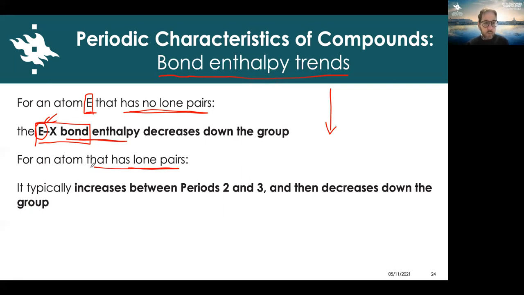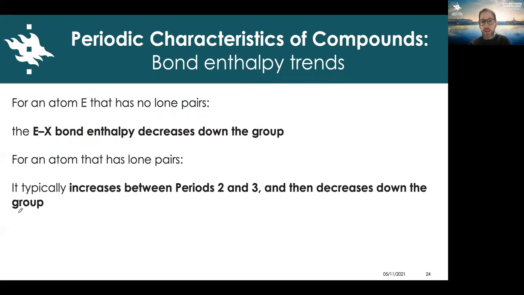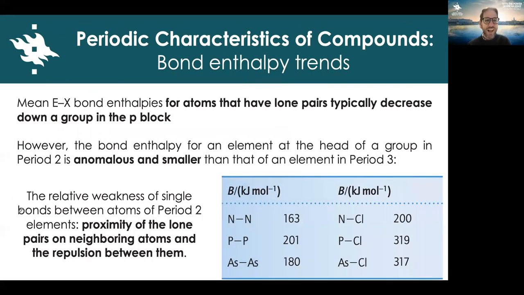However, when we have an atom that has lone pairs, so if E has a lone pair of electrons, then this bond enthalpy typically increases between periods 2 and 3, and after that, it decreases down a group. And then we will try to understand why this happens.